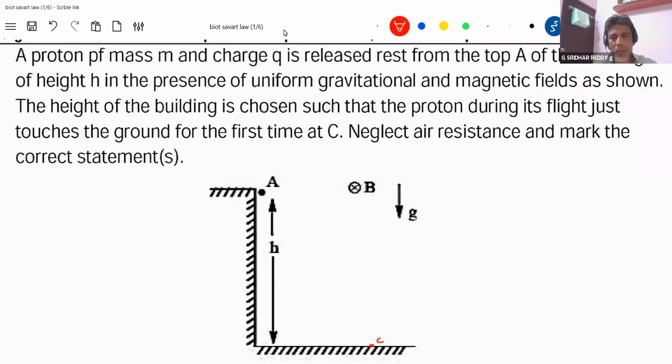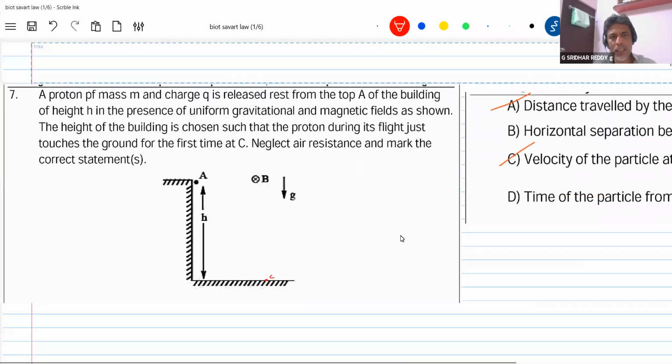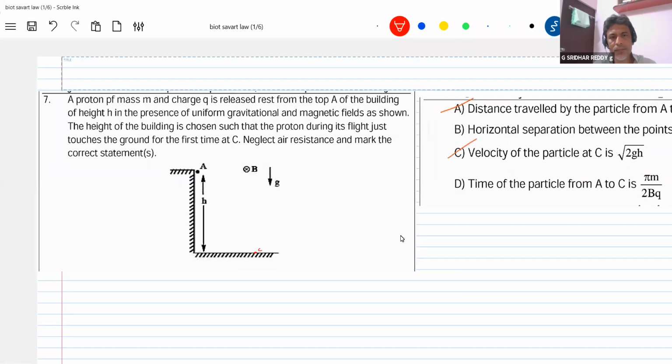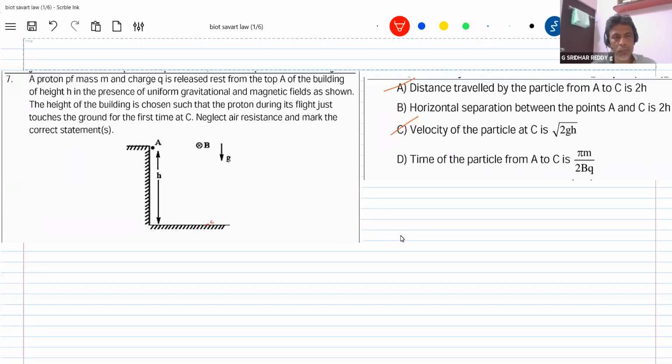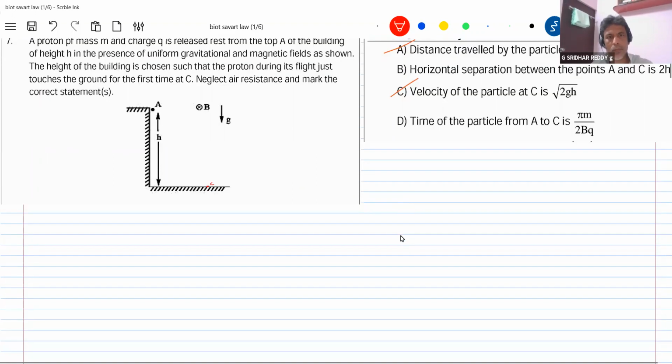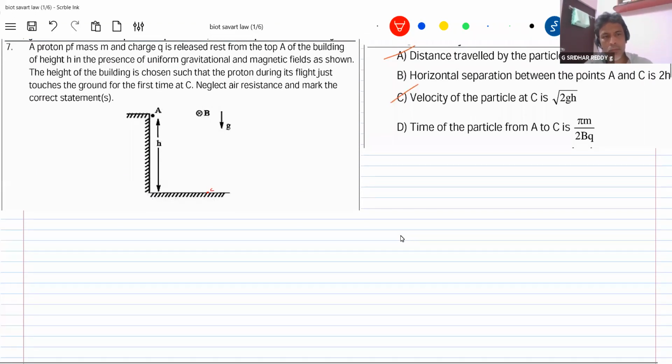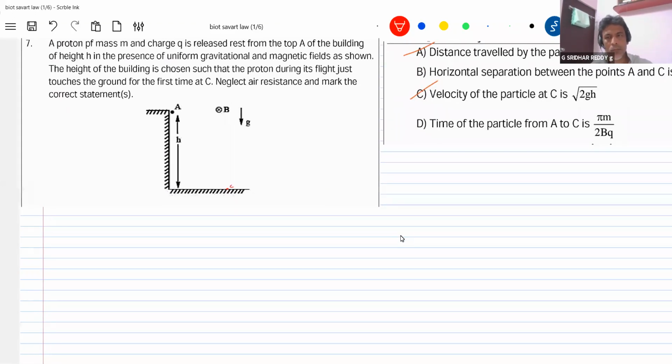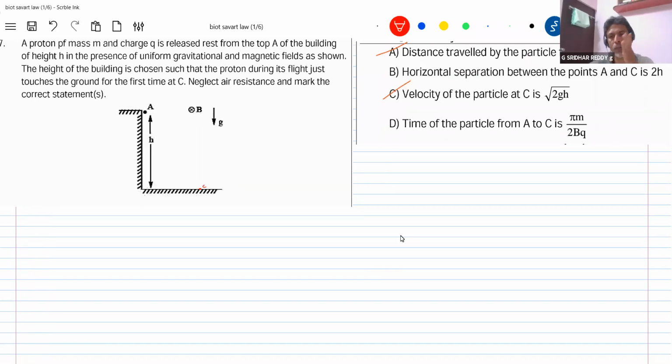So the question will be, there's no electric field. There's no electric field. Okay, I'll just proceed like this. Just see the basic mathematics. So here, the moment I release, the weight mg will act vertically down.